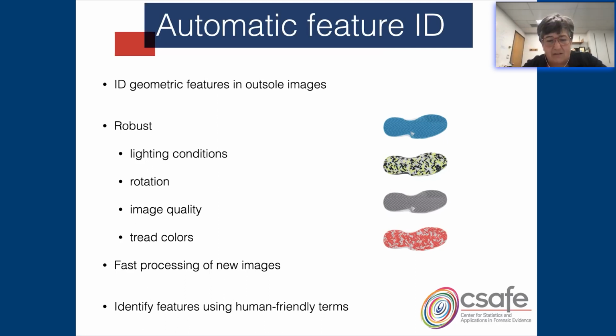But we want the algorithm to just overlook the colors, because the colors don't feature when we get just a shoe print. We also want features that use human-friendly terms so that we can recognize the features afterwards.